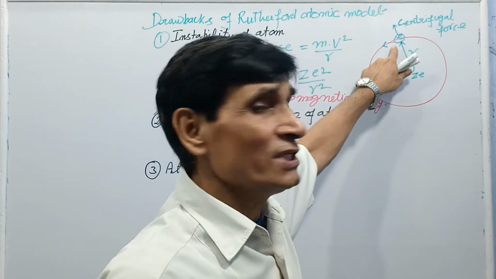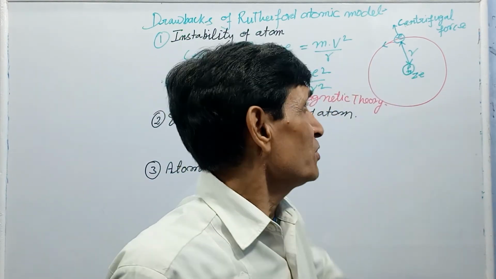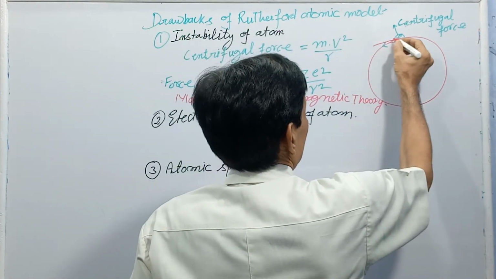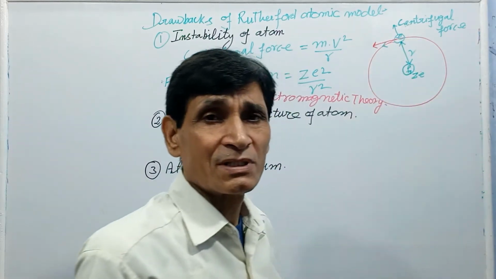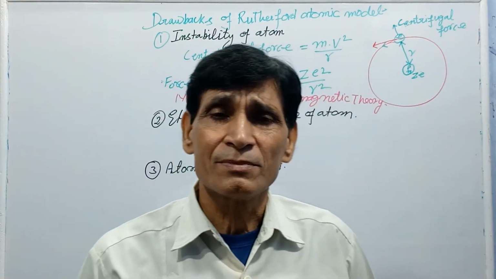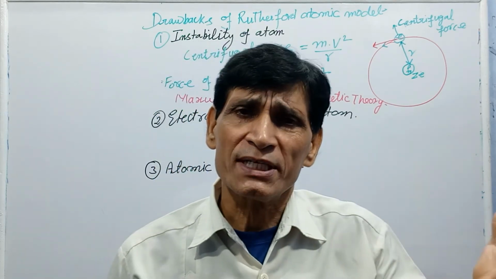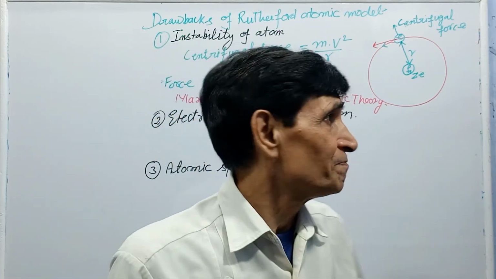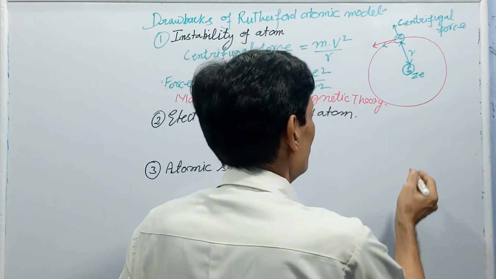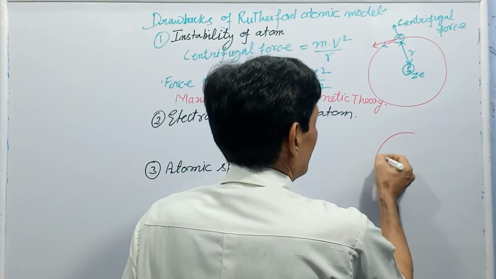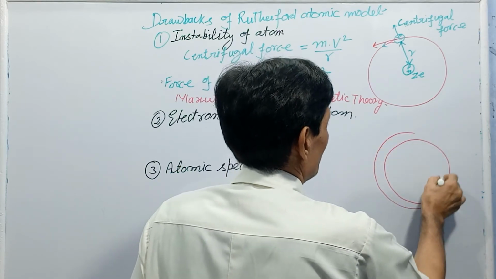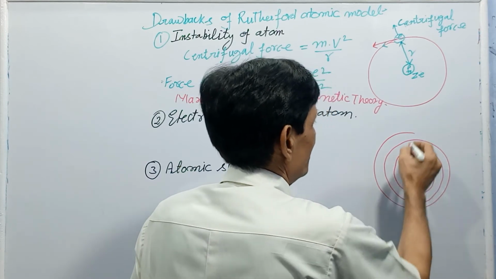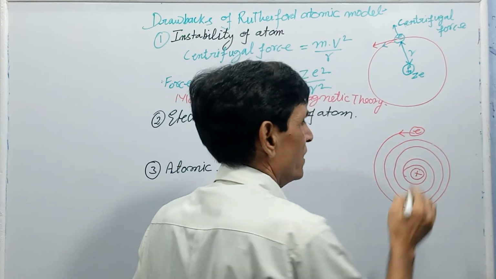Electron is also a negatively charged particle, and because of continuous change in its direction, it is accelerated one, and it must lose energy in the form of radiation. Because of loss in energy, its path will come closer and closer to the nucleus, and a stage is reached when electron will fall into the nucleus.